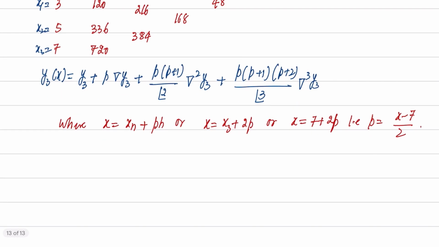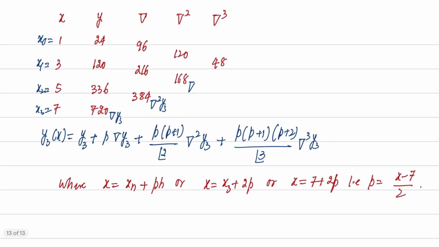Now using this value of p in this equation, this is our delta cube y3, this is delta square y3, this is delta y3, and this is simply y3.